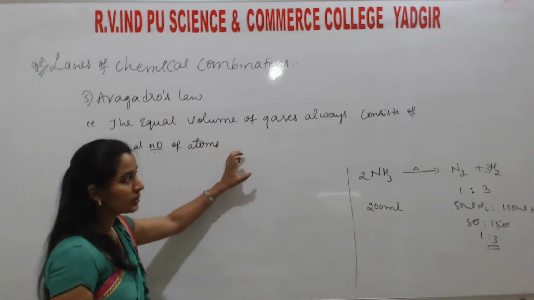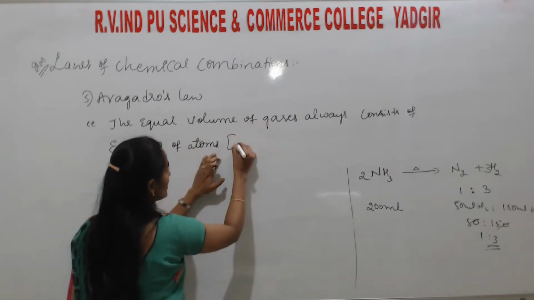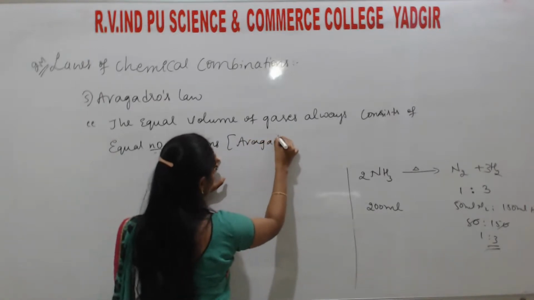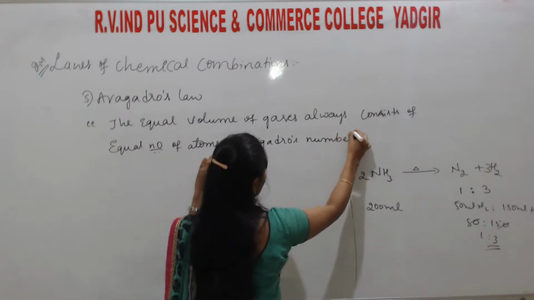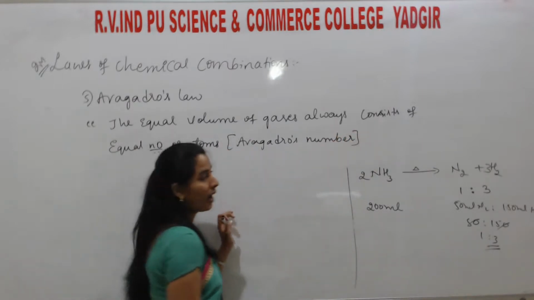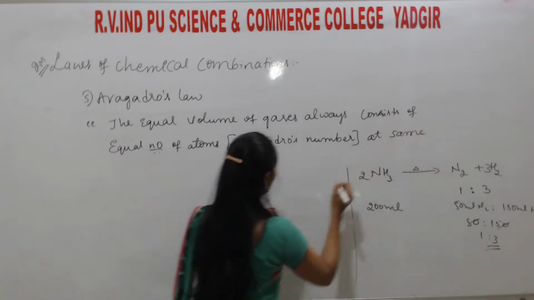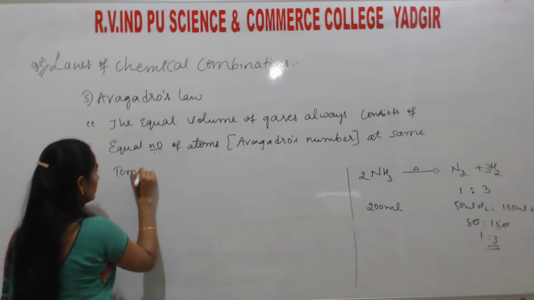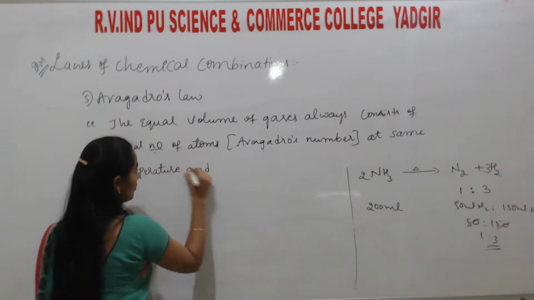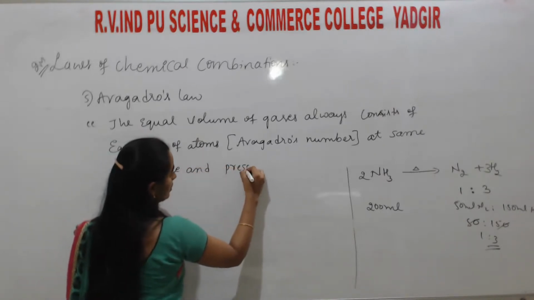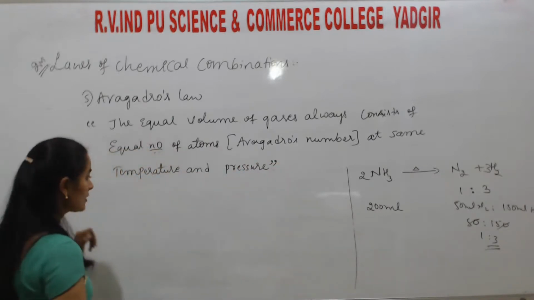Equal volume of gases always consists of equal number of atoms. That is the Avogadro number. At the same temperature and pressure. This is the statement.